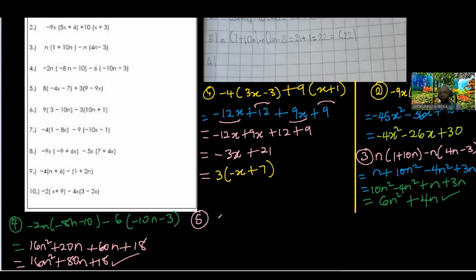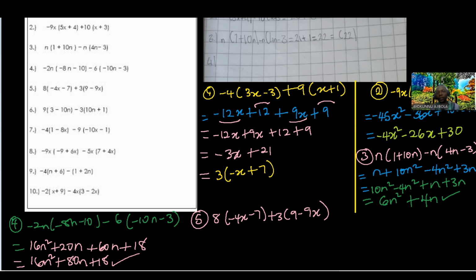Number 5, 8 into minus 4x minus 7, then plus 3 into 9 minus 9x. Take note of this. Some of them are positive, some of them are negative.